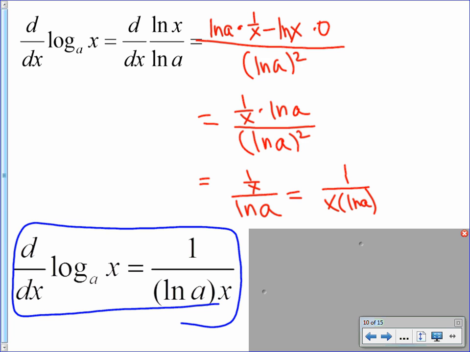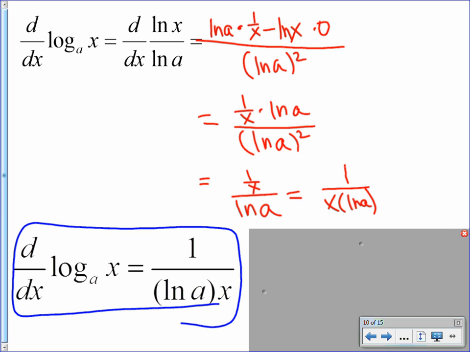Question: could that be 1 over x natural log of a? I guess technically yes, but we're not going to write it like that, because not very often are we going to get just x inside of the logarithm. I want it to look like this, either this way or this way. Don't make the exponent.